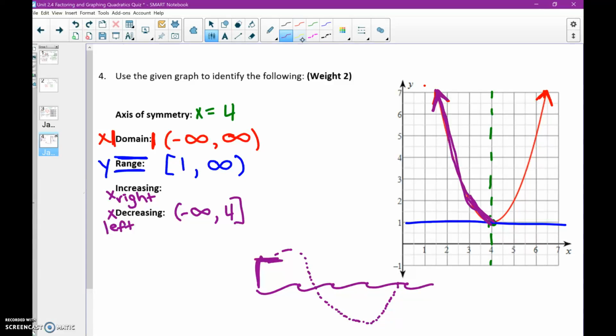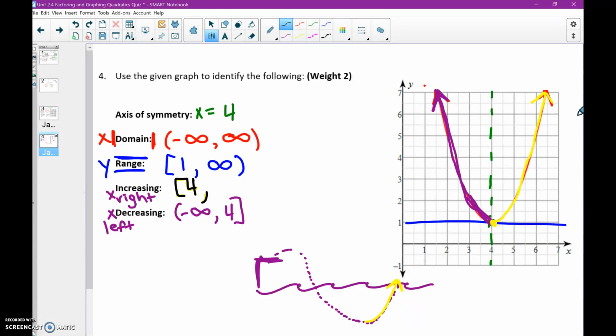If I stop decreasing here, I have to start increasing this way. Kind of like right here, he's going up to the surface of the water. So I stop decreasing at 4, which means I start increasing at 4. And it keeps going forever and ever this way, all the way into positive infinity.